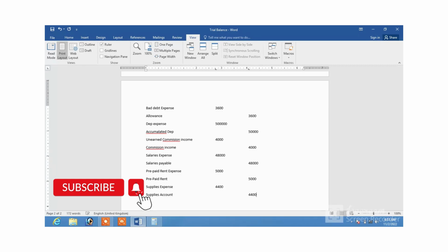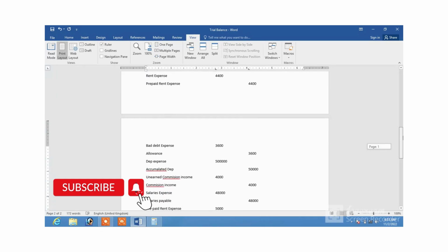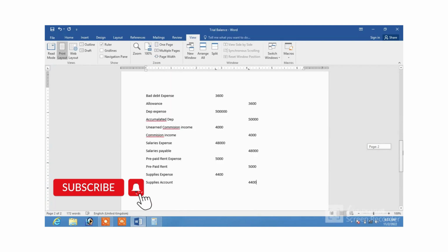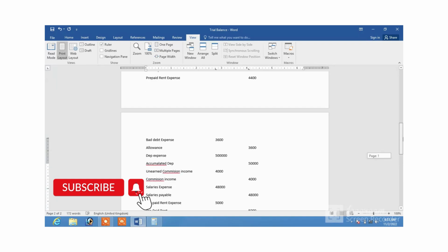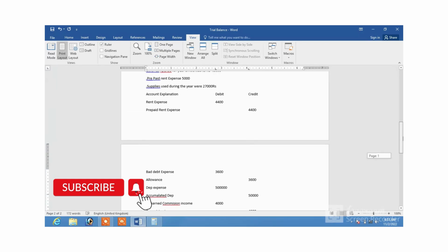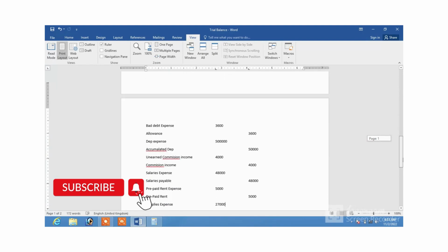Supplies account 4,400. If there is any inconvenience, you can tell me so that I can answer your questions. Supplies expense 2,700, that was the figure. So this is our adjusted trial balance.